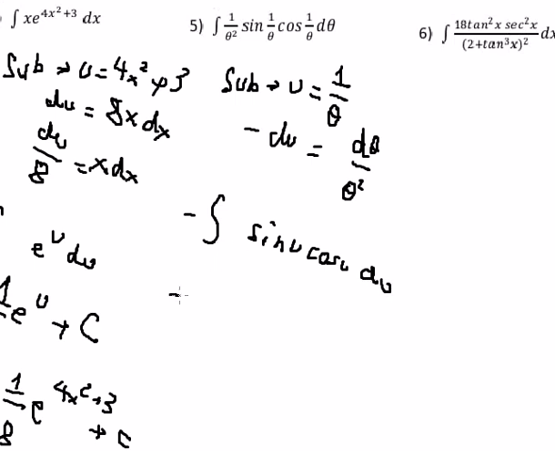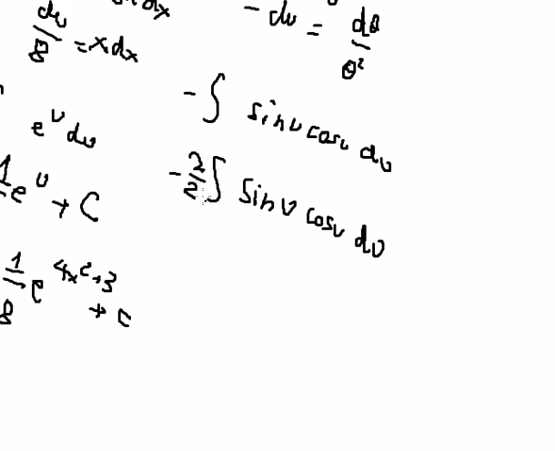Next, we put 2 over 2 sine u cosine u. So because we have 2 sine u cosine u, you get negative 1 over 2 sine 2u du.